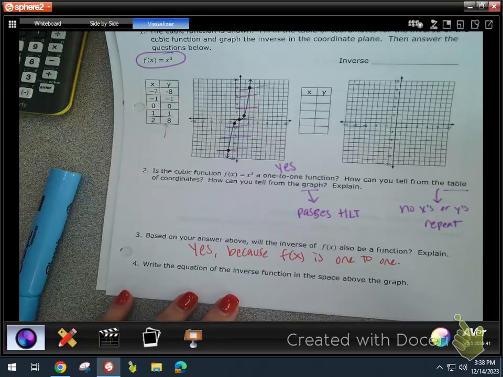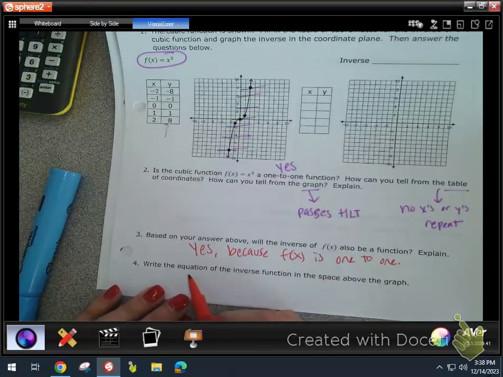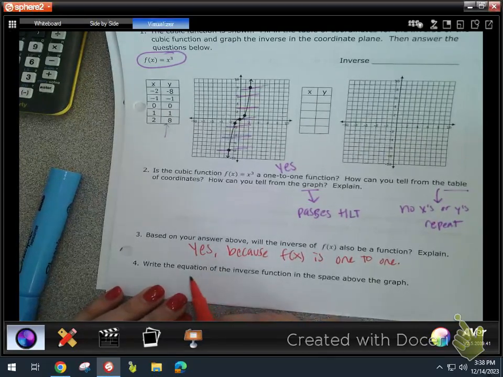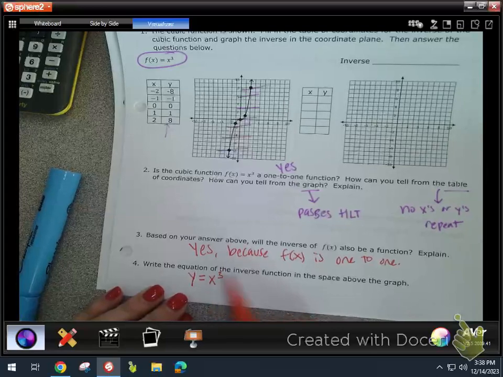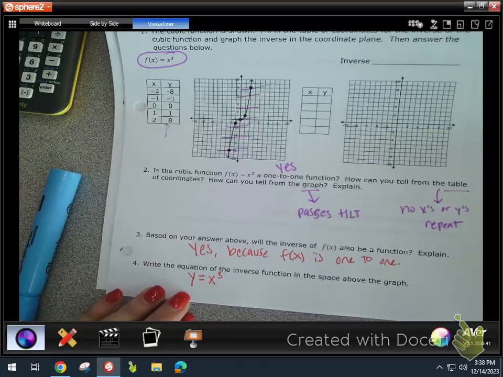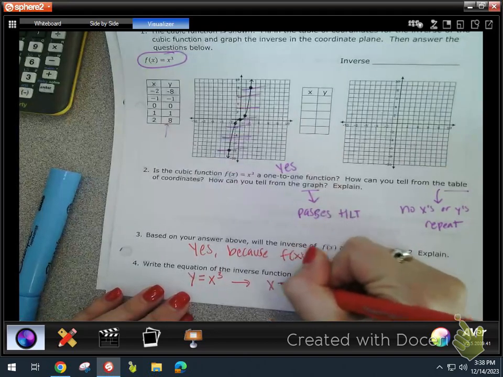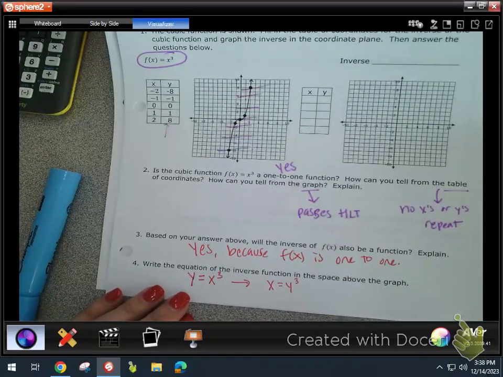And then to find the equation, let's say my original equation, I take away the f of x when I do this algebraically. What is f of x the same thing as? Y. So if this is my original, y equals x to the third, if I solve this algebraically, which is what we're going to do over the next couple pages, I first switch the x and the y, so I would have x equals y to the third power, and then I solve it back for y.